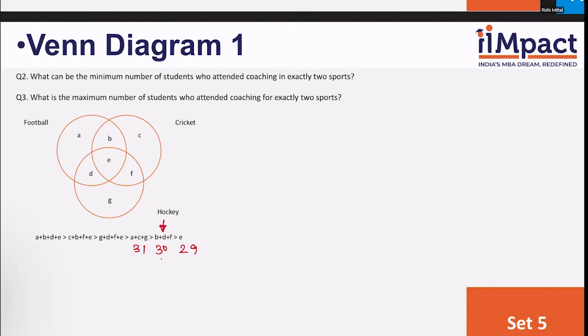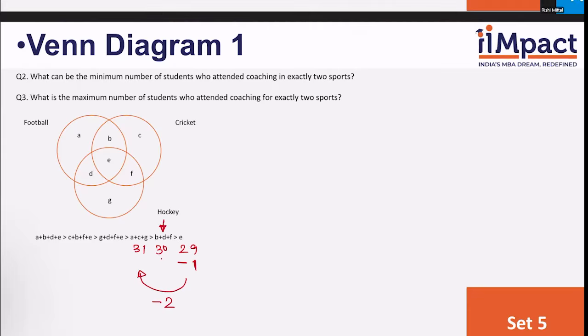Understand this. If I'm removing one player from E, doing minus 1 over here and putting it over A, C, and G, there was a player who was playing all three sports. Now that player is going and playing only one sport. So there are two sport instances which are getting reduced. Let me repeat.